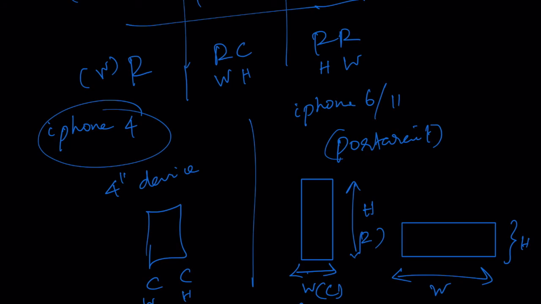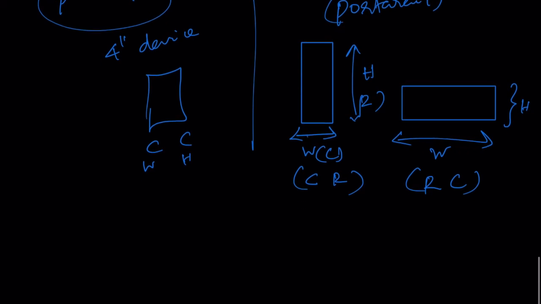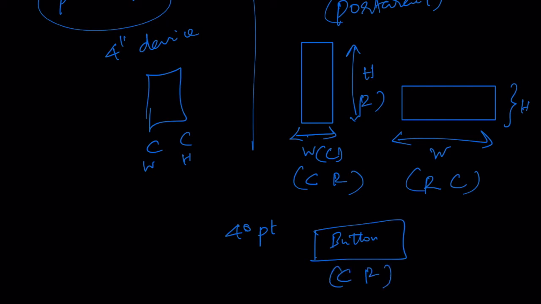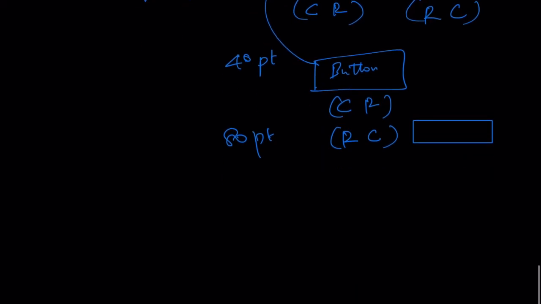So in this situation, if you want to supply 40 points as a button height, let's say this is my button, for compact width and regular height, then that will be applied for portrait mode. Whereas if you supply 80 points for regular width and compact height, then that will be considered for the landscape orientation of the iPhone. The same applies for all other iPhones.